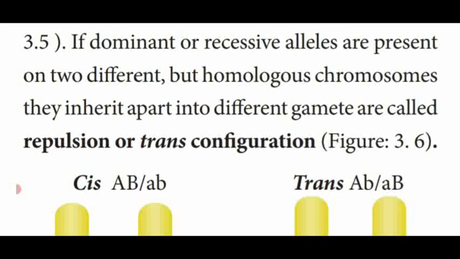Another one, if the alleles are present on two different pairs of homologous chromosomes, they inherit apart, that means separated into different gametes, and are named as repulsion or trans configuration. This trans configuration or repulsion is also a very important 2-mark question. Kindly note it down in your textbook.